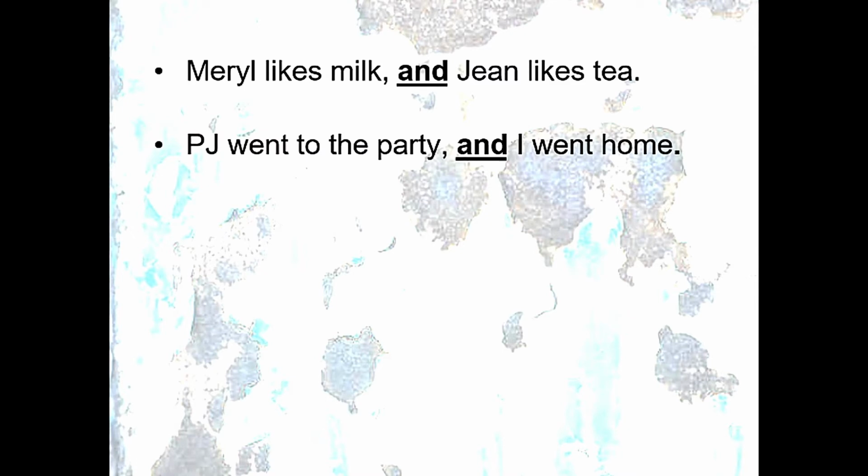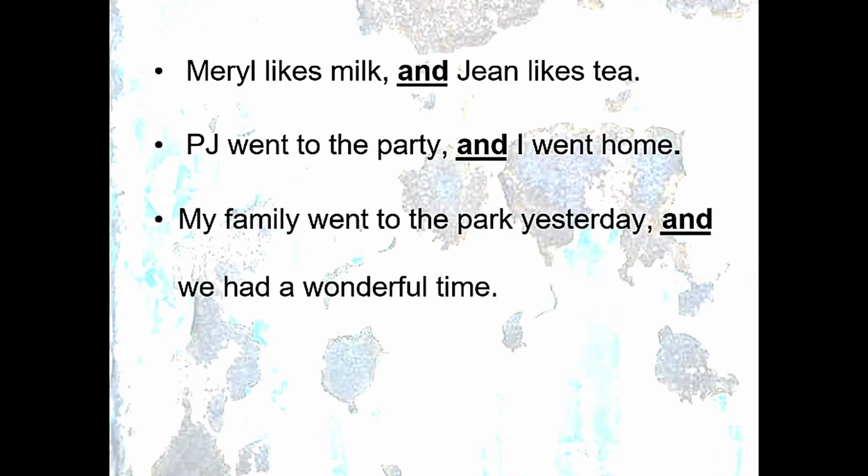Another example, Mary likes milk, comma, and Jean likes tea. Second example, PJ went to the party, comma, and I went home. Last example, my family went to the park yesterday, comma, and we had a wonderful time.